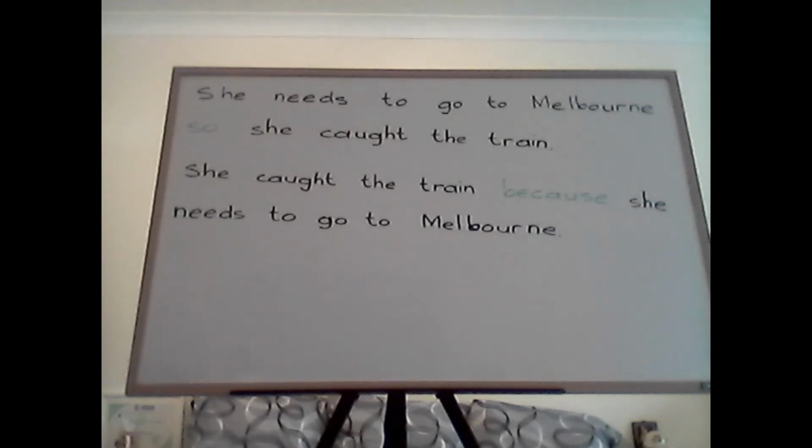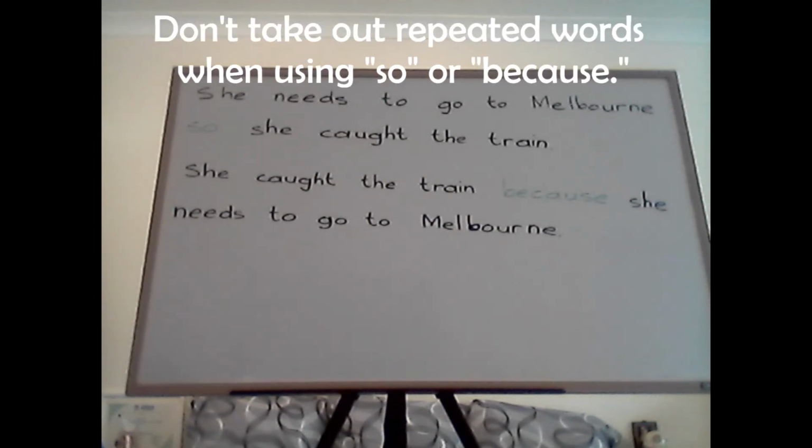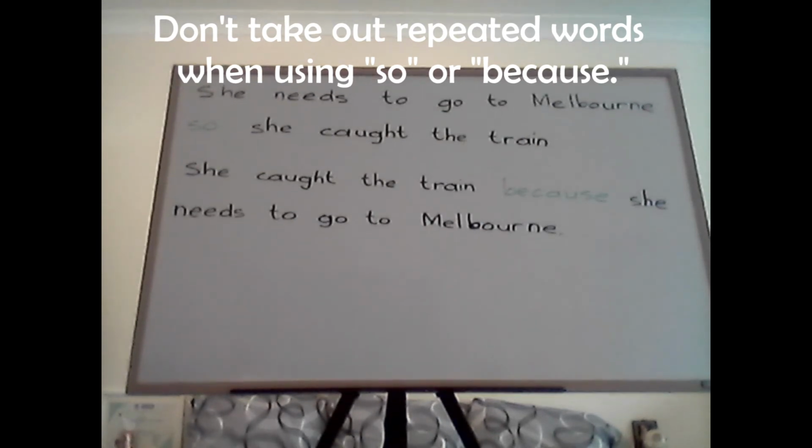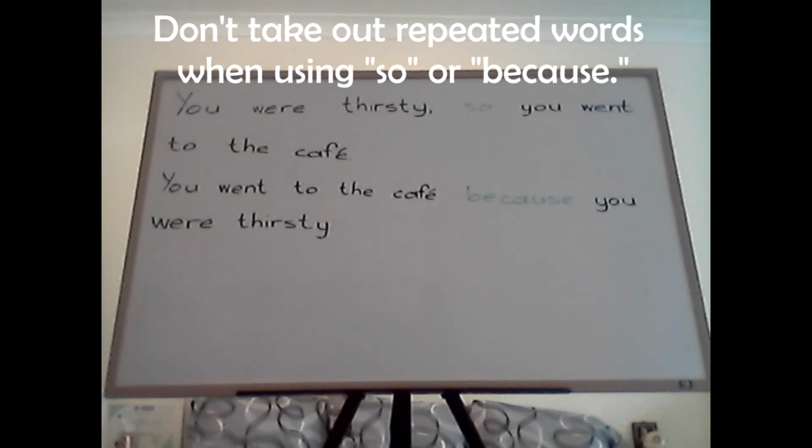That's the most important thing. She caught the train because she needs to go to Melbourne. Going to Melbourne is the most important thing. You were thirsty, so you went to the cafe.